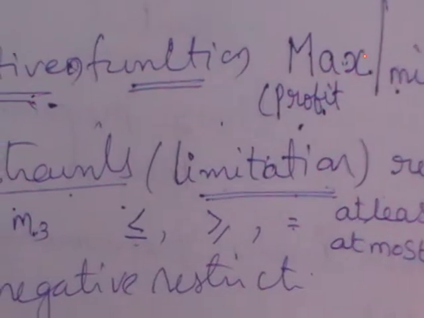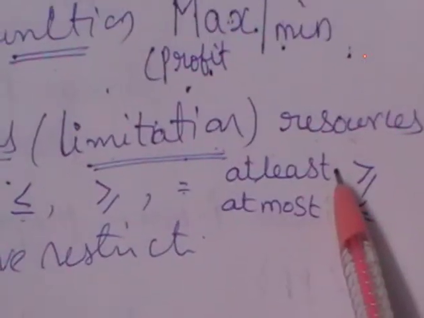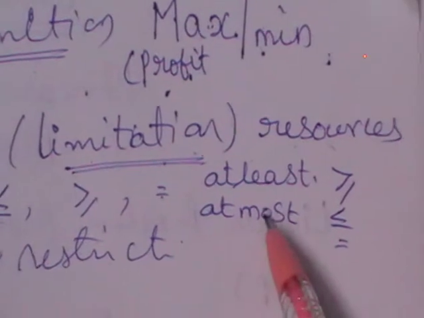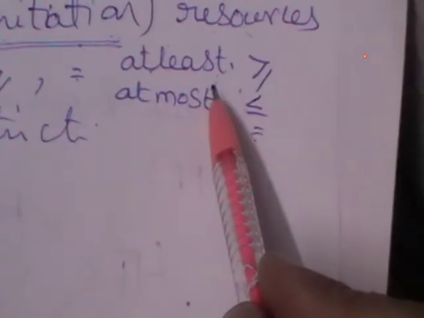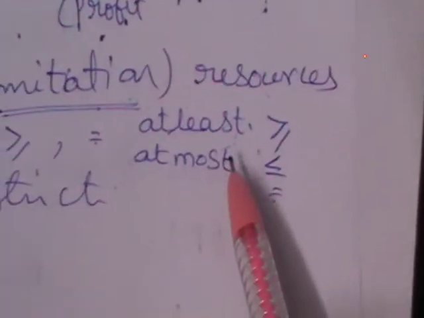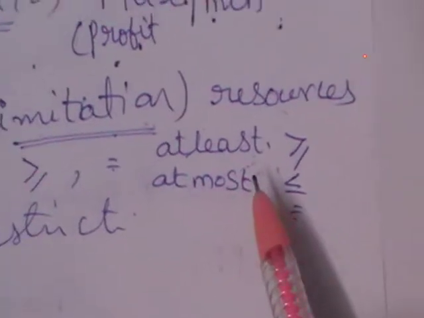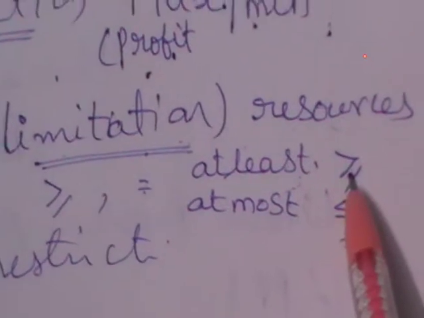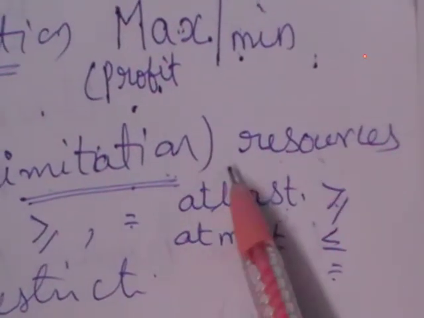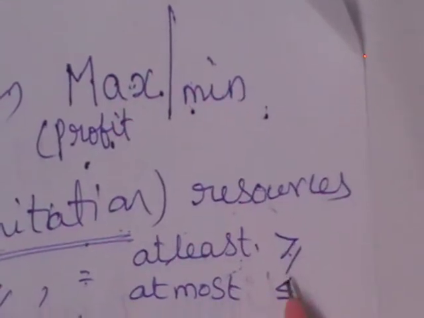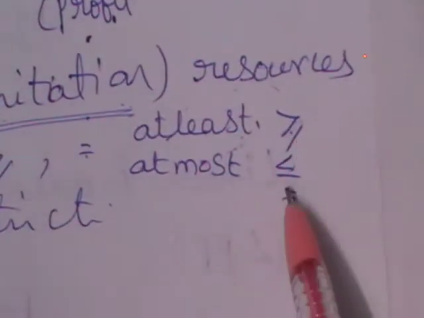Under constraints, you express the given availability or limitations of the resources in the form of equations or inequations. If a machine cannot work for more than 8 hours, you write less than or equal to 8. If the available resource is at least 50 kg, you write greater than or equal to 50. So you express the availability of resources using less than or equal to, or greater than or equal to.